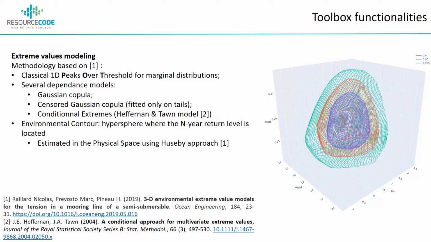I will not go into details here, but the idea is to model the dependence and to construct what are called environmental contours, which are hyperspheres where the return level is located in a multivariate context. So in 1D, you look at the return level, and when you have multivariate data, you look at the environmental contour. So next slide, please, Matt.